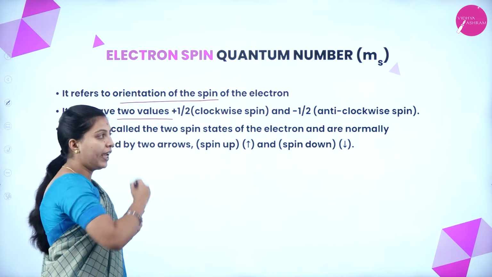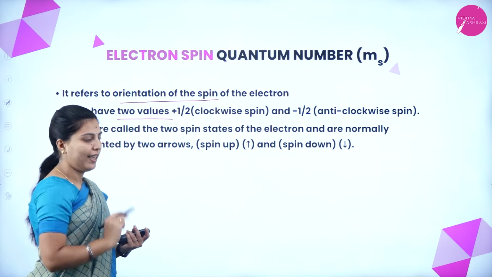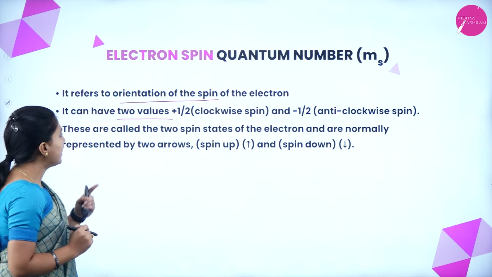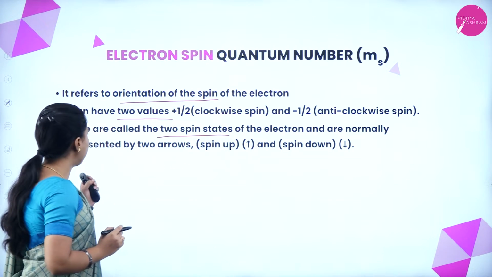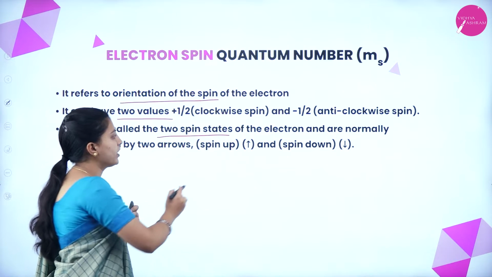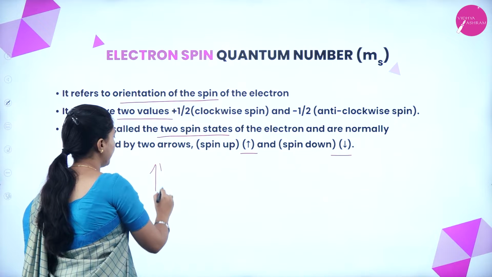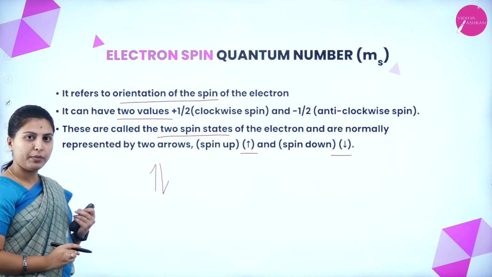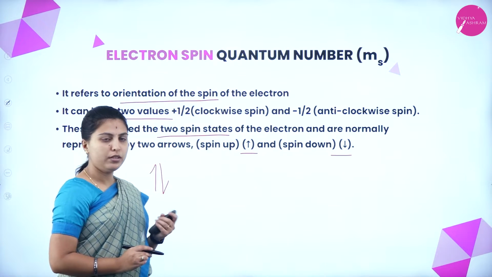Plus half will be clockwise direction, minus half will be anti-clockwise direction. These two spin states of the electron are normally represented by two arrows, spin up and spin down. One orbital will accommodate two electrons, so spin up and spin down.